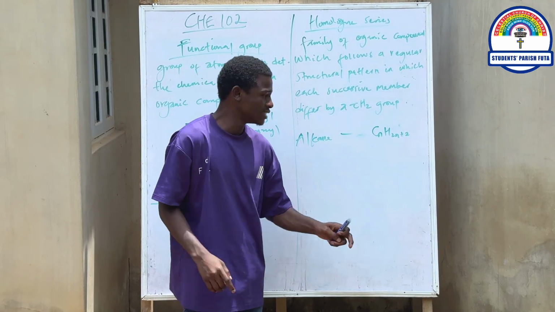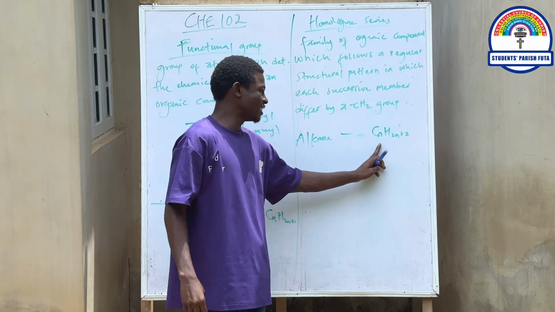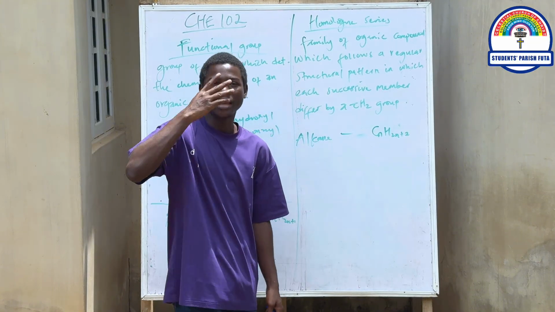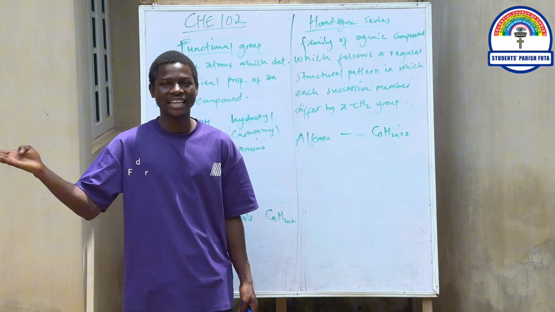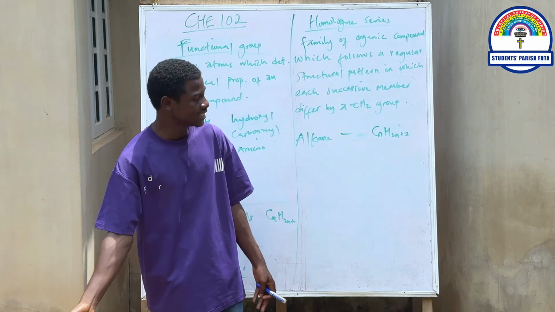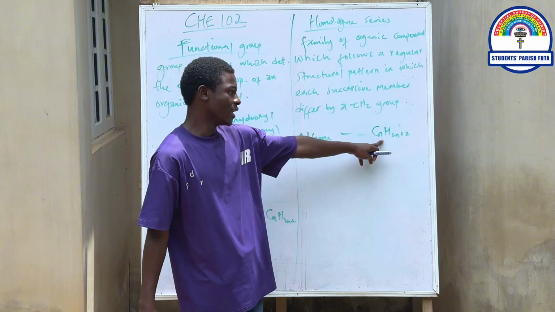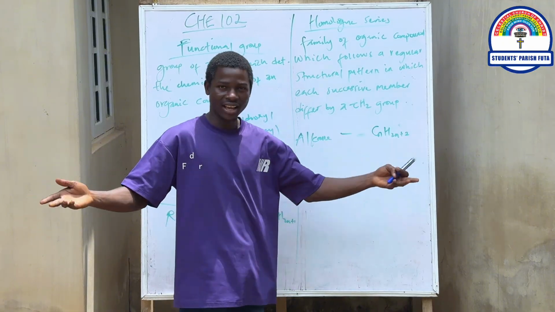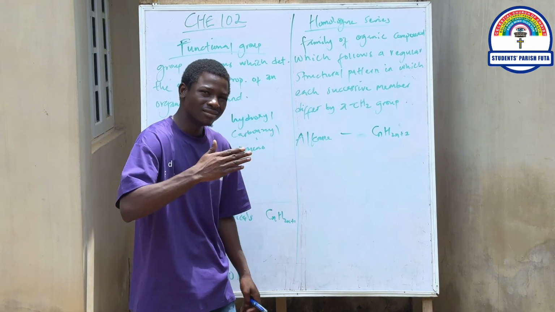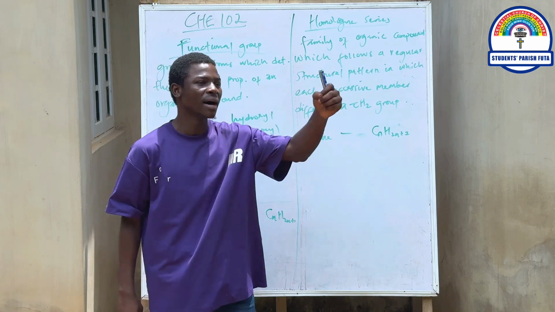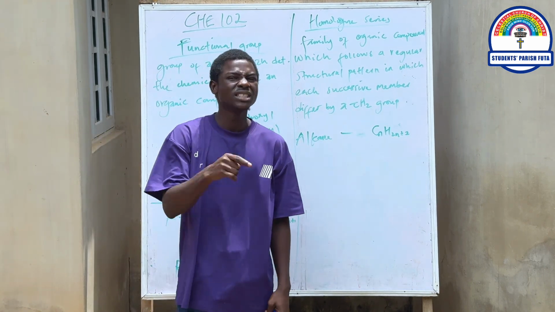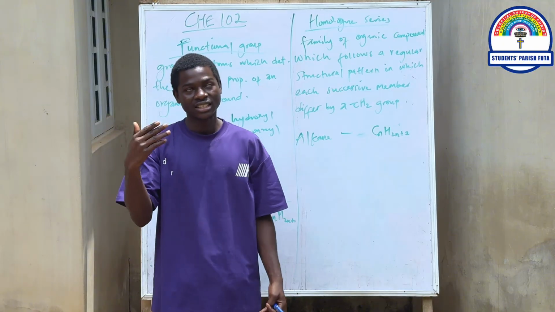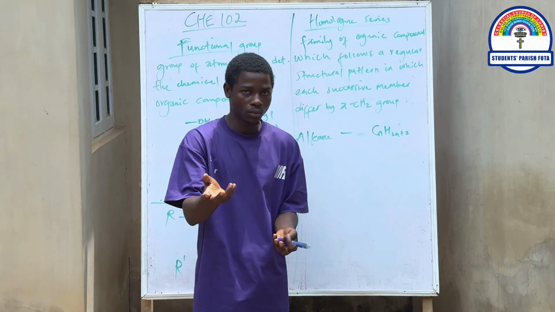So if the first is one carbon, like CH4, the next one adds CH2 to it, C2H6. The next adds CH2, C3H8. The next adds CH2, C4H10. So if you put the formula 4 here, 2 times 4 is 8, 8 plus 2 is 10, C4H10, the formula also works. So they differ by the addition. For each successive member, don't pick number 2 and number 4 and expect the difference between them to be CH2. No, the difference between them will be C2H4, because you had skipped one.